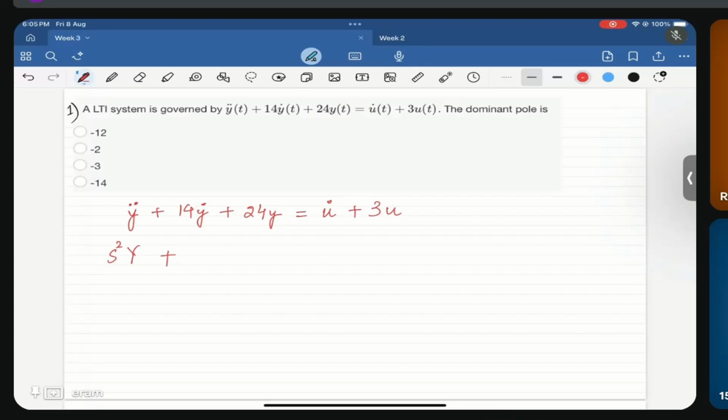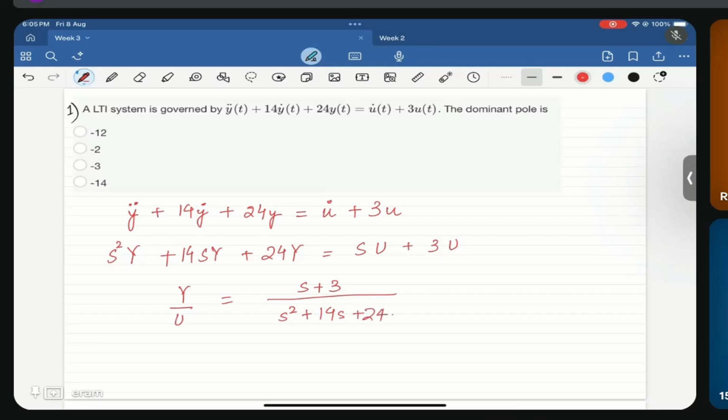So the Laplace of the double derivative of y will be s square Y, then we'll have 14sY, plus 24Y equals sU plus 3U. So what will be Y by U? It will be (s plus 3) divided by (s square plus 14s plus 24).